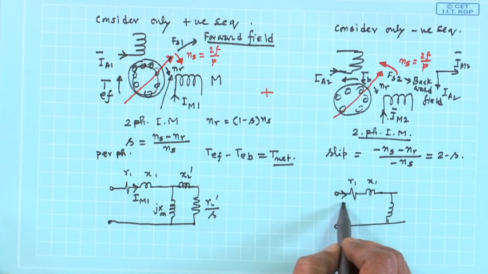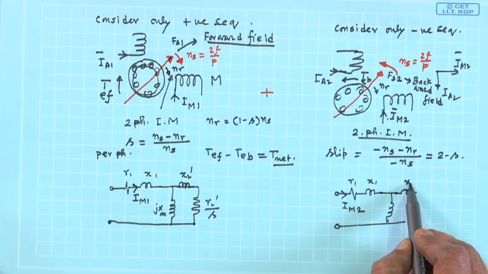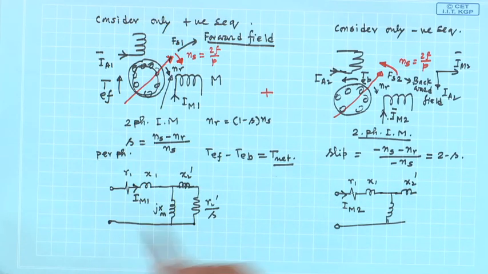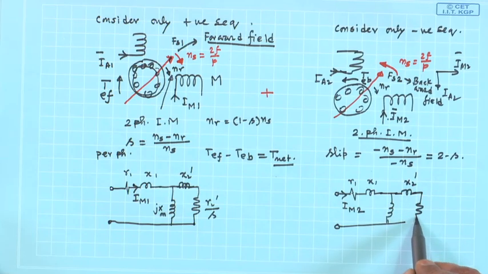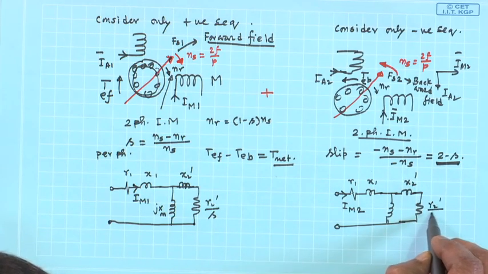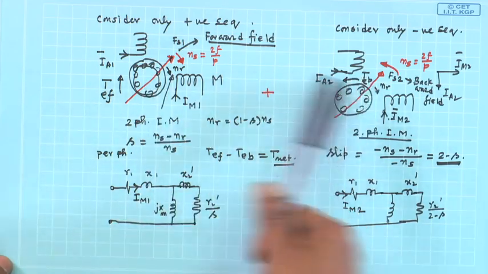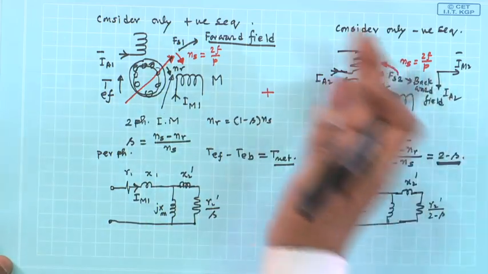This current will be Im2, and this will be X2 dashed, and then this will be, what slip it is running, 2 minus S. So, R2 dashed by 2 minus S, that is all, is it not? Because R1, X1, R2 dash, X2 dash, these two motors are otherwise identical, only thing you have phase sequence is reversed.